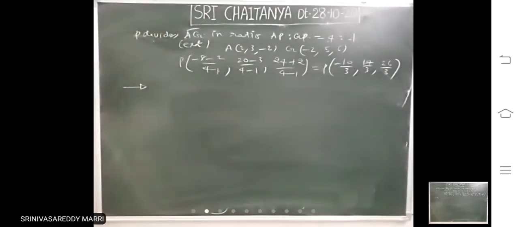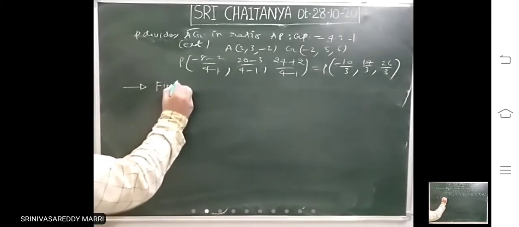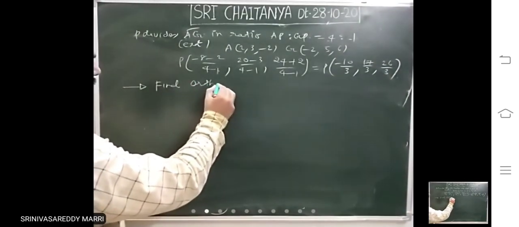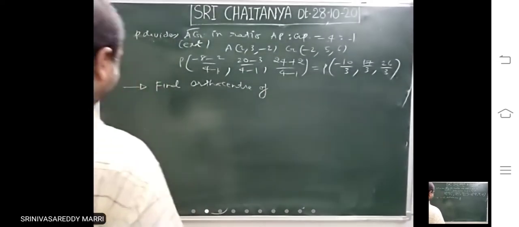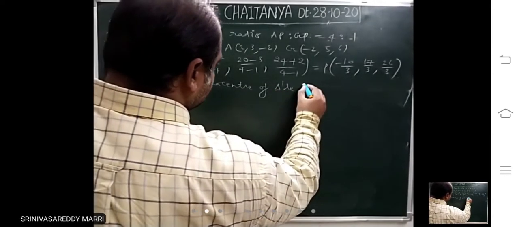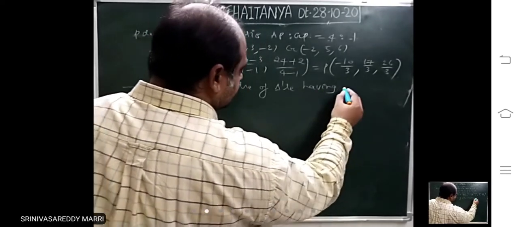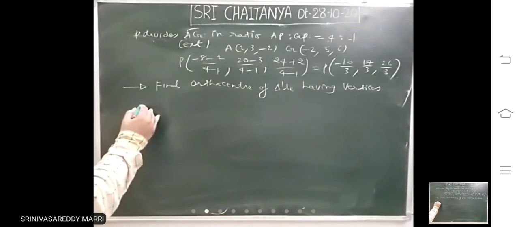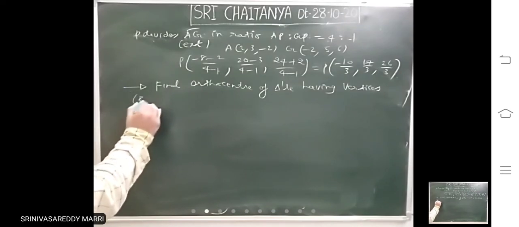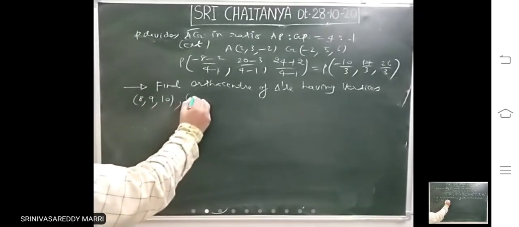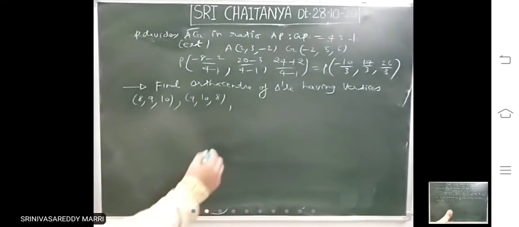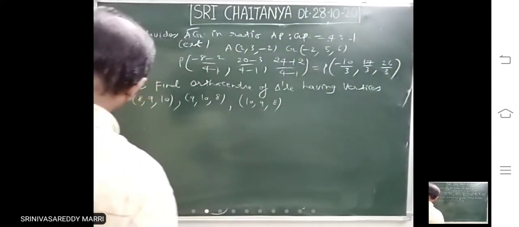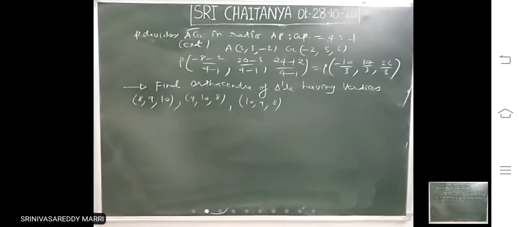Next, look at this problem: find the orthocenter of a triangle having vertices like this given, right?